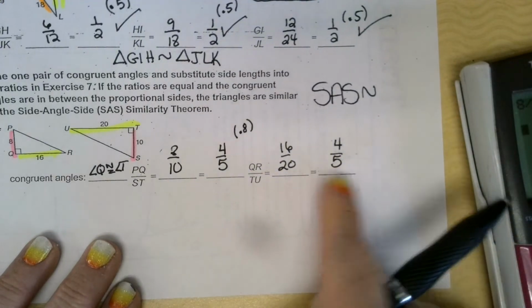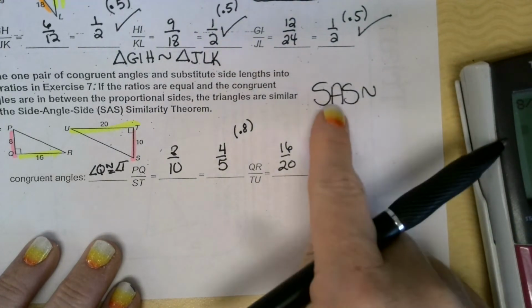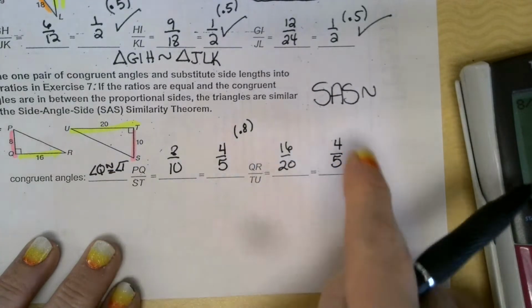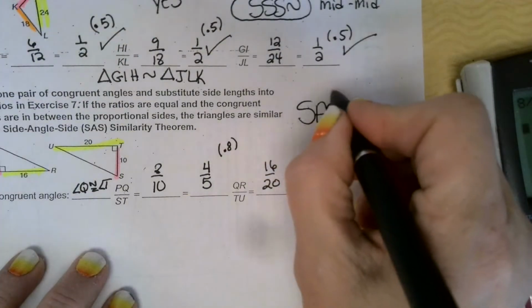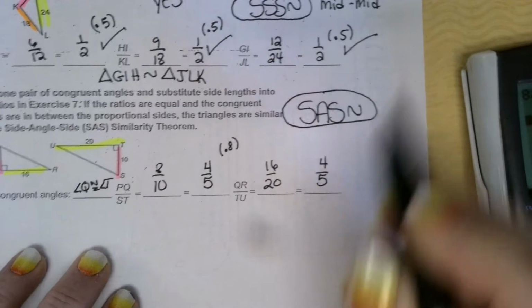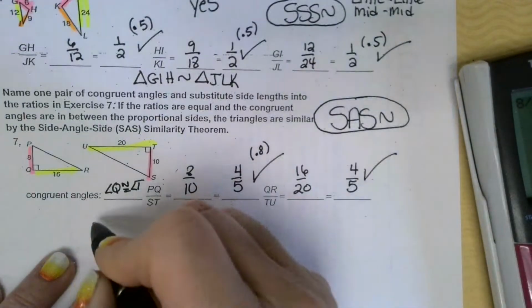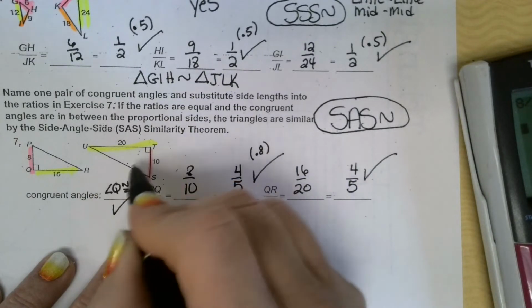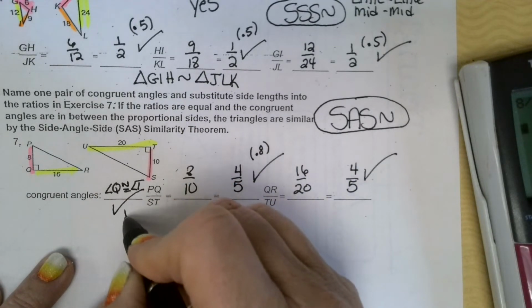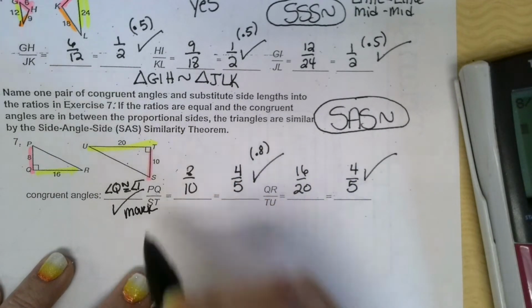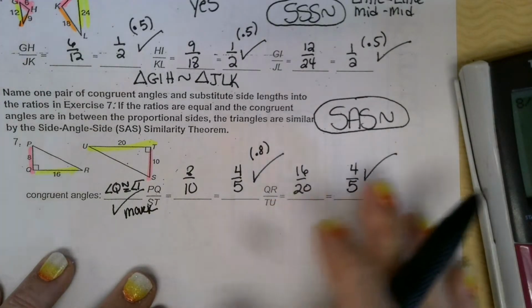They are the same. And so when you see that they are the same, you know that it is side, angle, side. Okay? For side, angle, side, you have to show me 2 ratios, and then the angle should be in the picture. You can mark it, just mark it inside the picture. You don't have to write it down.